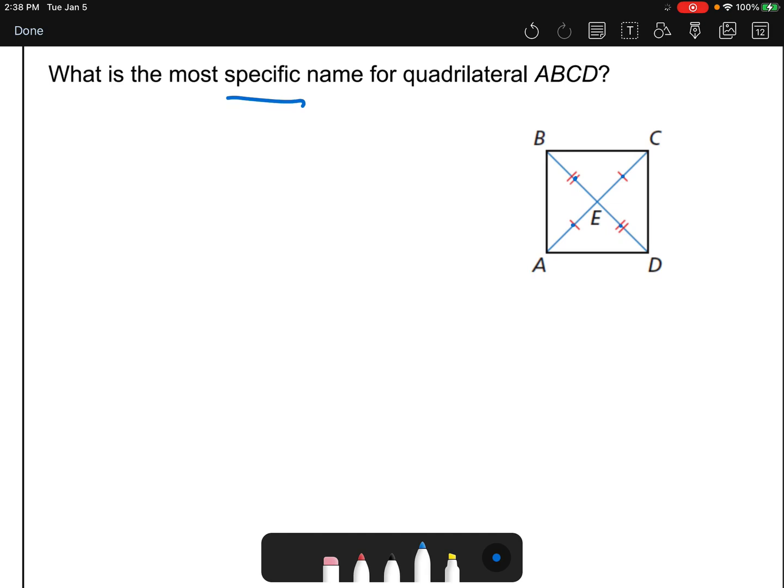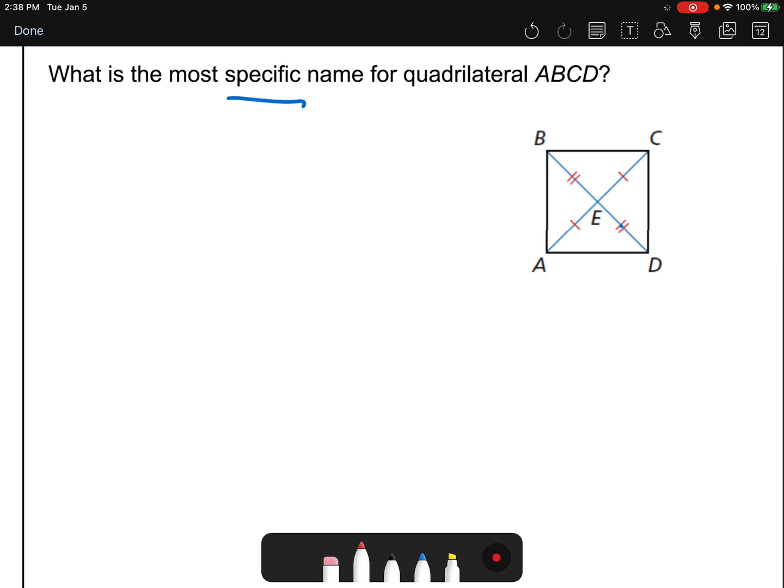It also does not say that it's definitely not a rectangle either. Because if it was, then this would have one tick mark, this would have two, and so on. Those would have to add up to be equal, but they can't add up to be equal, like in a rectangle.